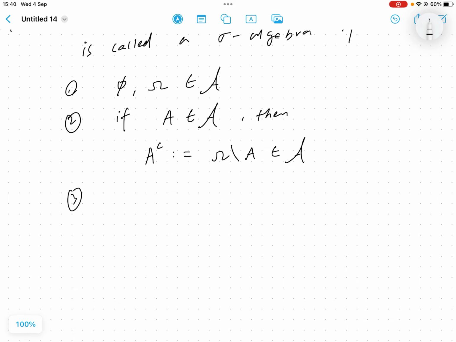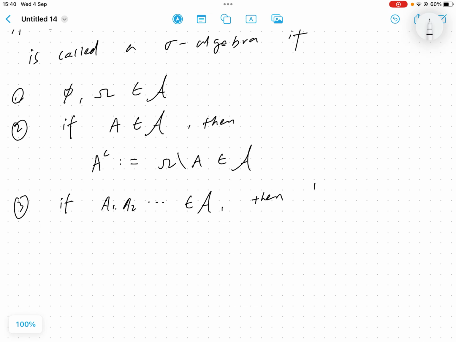And the third thing for the sigma algebra is that if A1, A2, and so on, all belong to curly A, then the union of all those sets is also in this curly A. All right, so that's it, right?